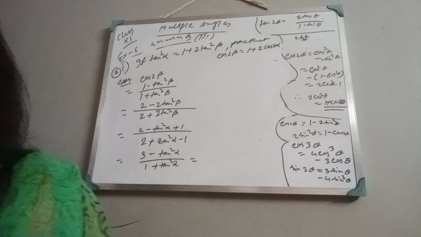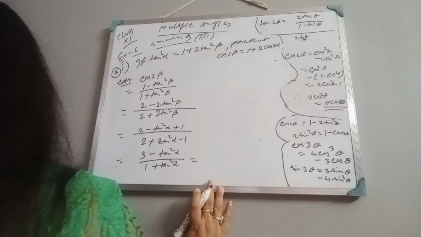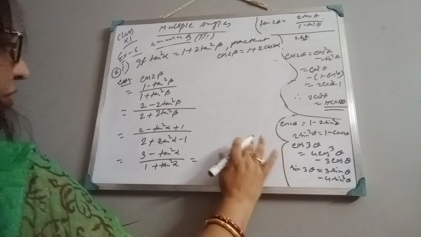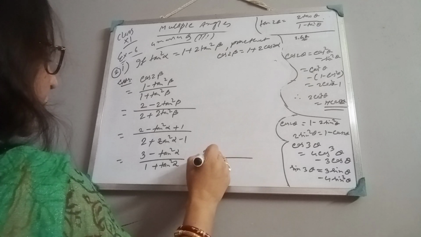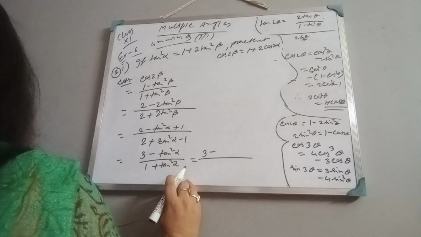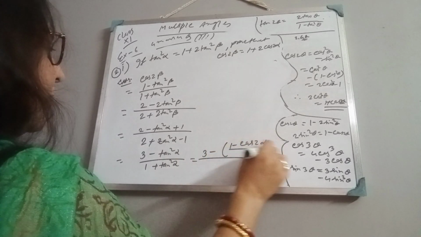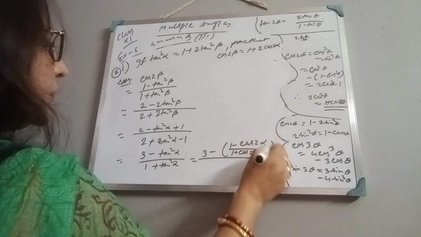Okay. Now tan² α, I have already said the formula is (1 minus cos 2θ) by (1 plus cos 2θ). I have rubbed this because I don't have space. So instead of tan² α, we will write (1 minus cos 2α) by (1 plus cos 2α).